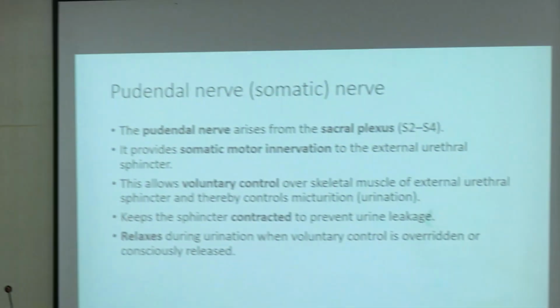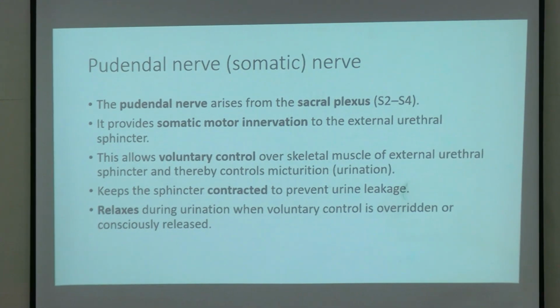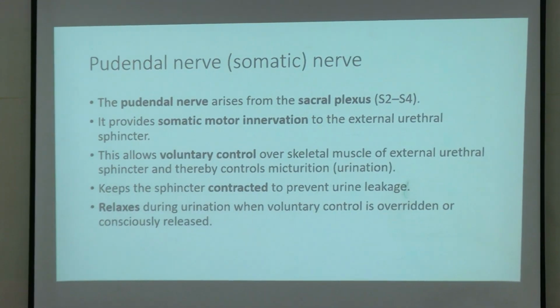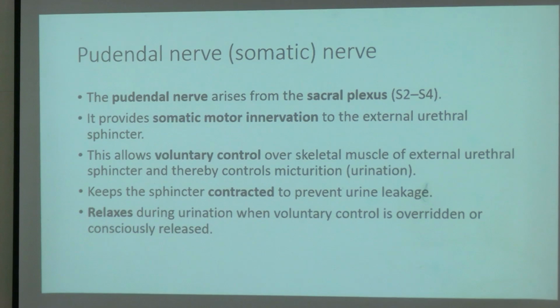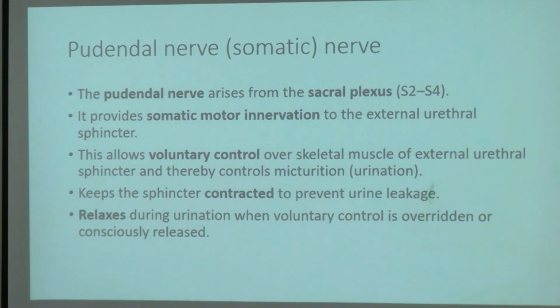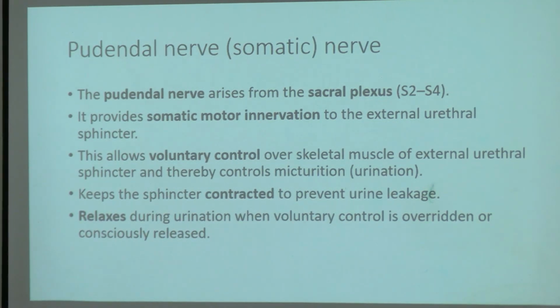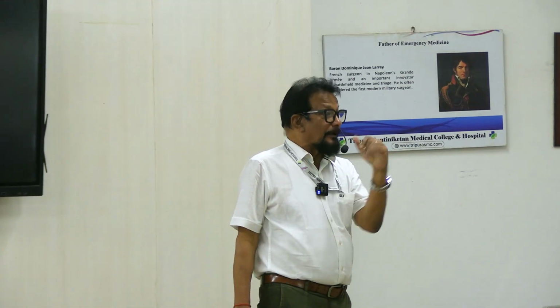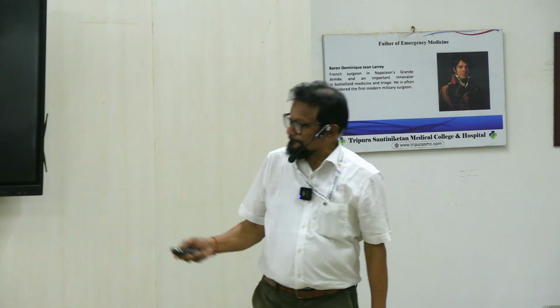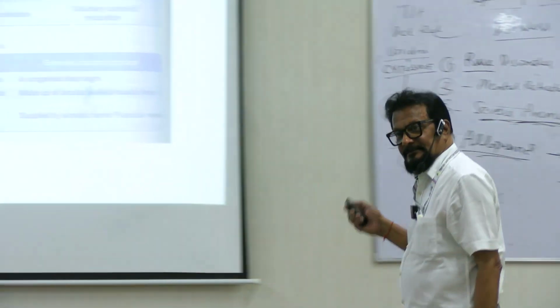Pudendal means this is a somatic nerve. It is under your control. Whenever you wish, you can contract this. Whenever you don't, you can inhibit this. When you do not want urination to proceed, then you will be closing the sphincter by contracting the muscles.